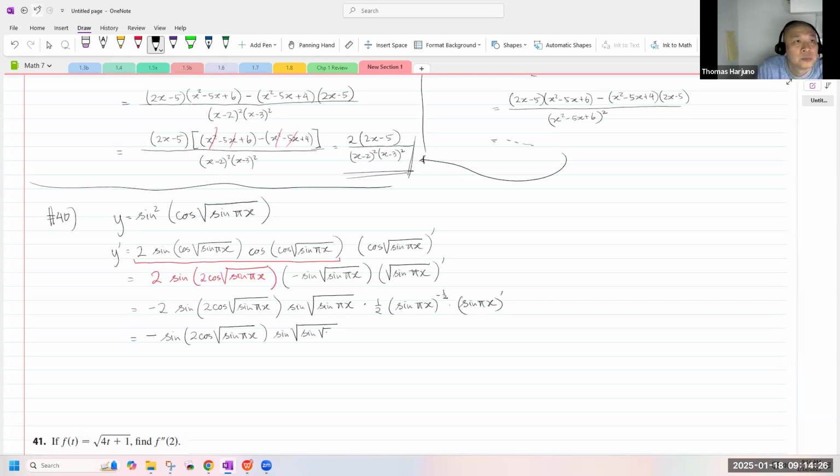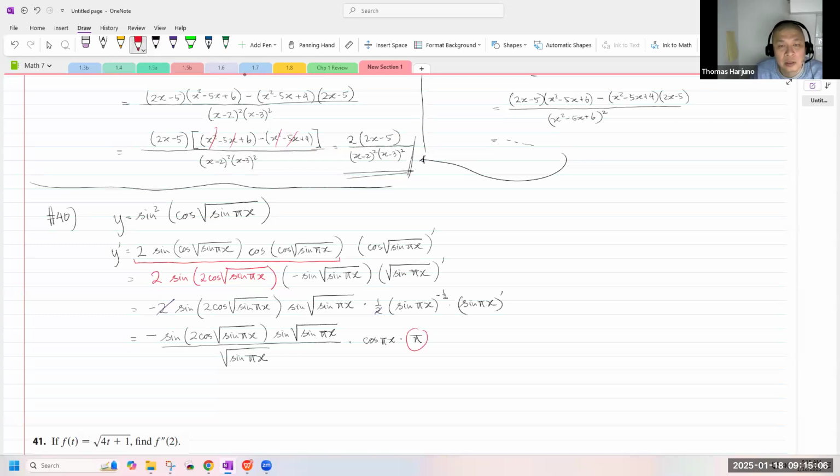Oh, yeah, I want to say that I cancel this guy here. This guy cancels with this. Okay, and then this is square root of sine pi x on the denominator, times derivative of sine pi x, that's cosine pi x, times the derivative of pi x, which is pi.